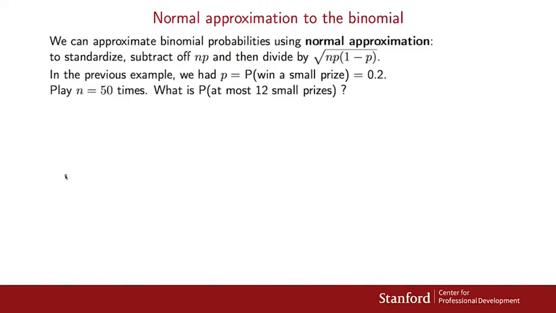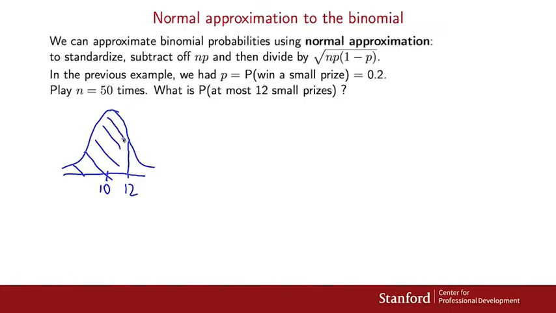Remember that the probability histogram of the binomial distribution with n equals 50 and p equals 0.2 looks roughly like a normal curve which is centered at around 10. Now we want to compute the probability of at most 12 successes. So here's 12, and that means we want to compute the shaded area to the left of 12.